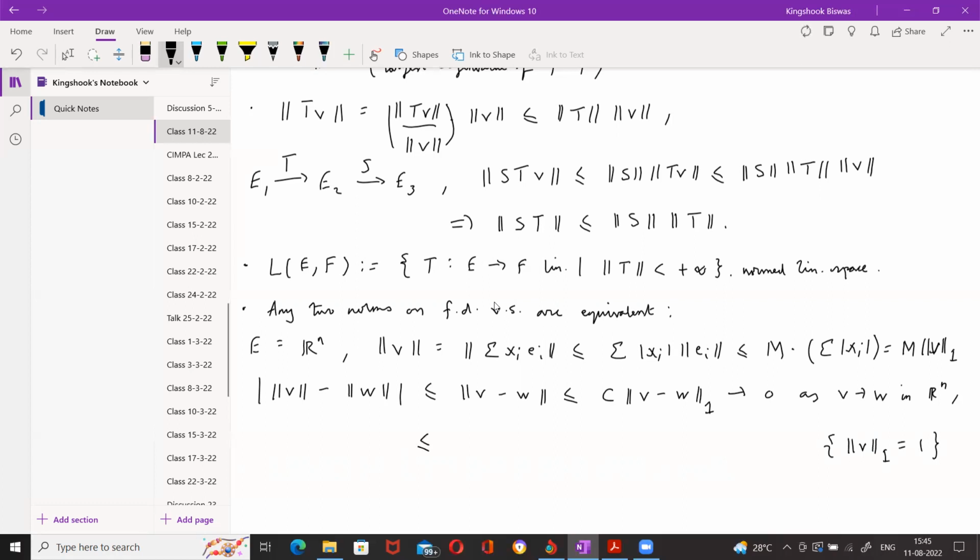And so that means that norm V, so this shouldn't be C, this should be M, sorry, is less than its supremum, say, which is C, and bigger than 1 over C on this unit sphere by compactness. And then by homogeneity, norm of V divided by the L1 norm of V will be bounded by 1 over C and C for all V non-zero.